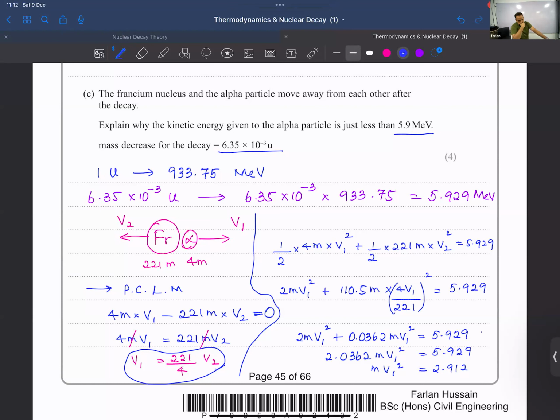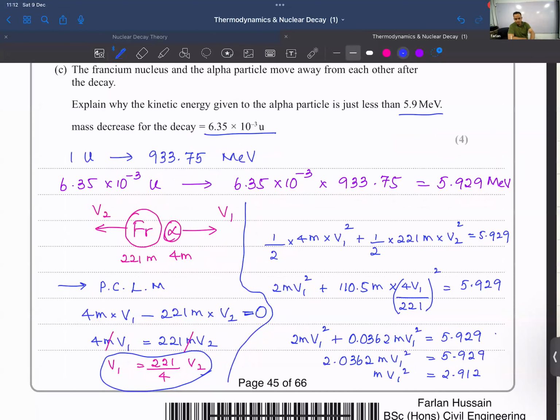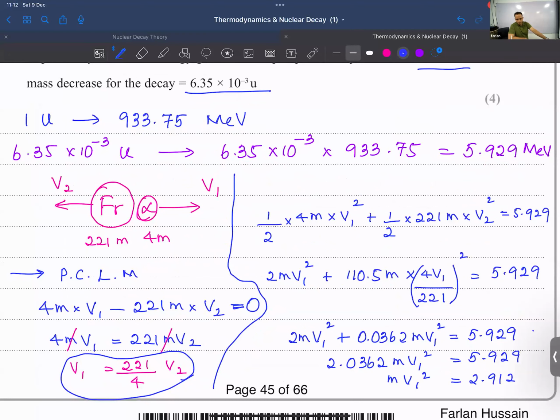But if you convert electron volts to joules, you have to multiply, right? Correct. Okay. But here I haven't made any joules involved. We have completely dealt with mega electron volts.